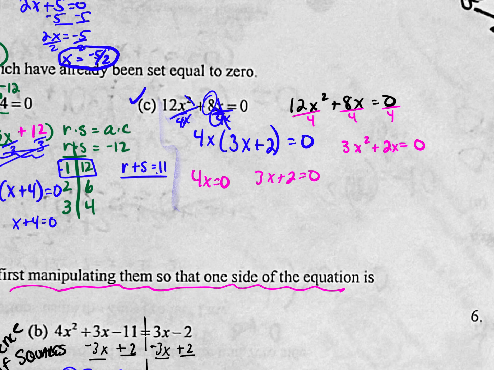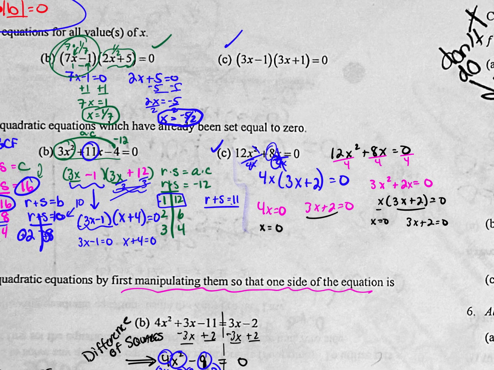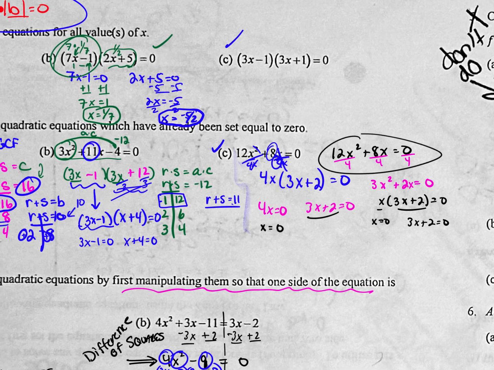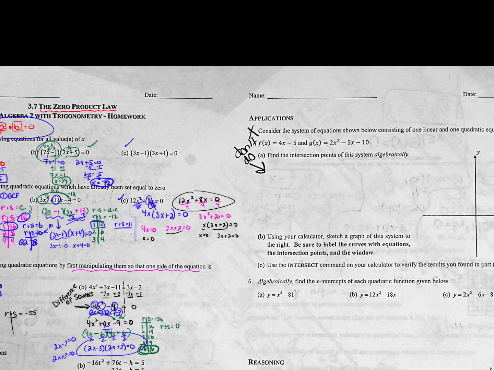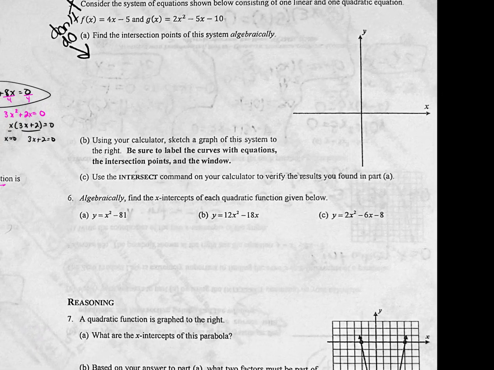And then I would have taken out the x, leaving me 3x plus 2, and I'd have exactly the same solutions that I had gotten here in pink. Divide by 4, you get 0. And this one you solve, and that one you solve. It's the same thing. So I could have done that, just divide by 4, gotten rid of that number in the problem. All right, I'm going to skip the one that says don't do.